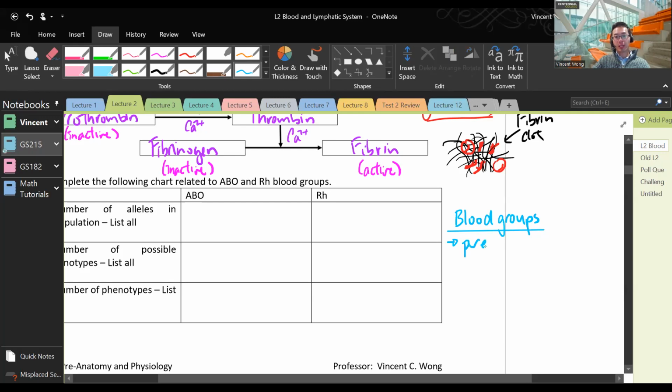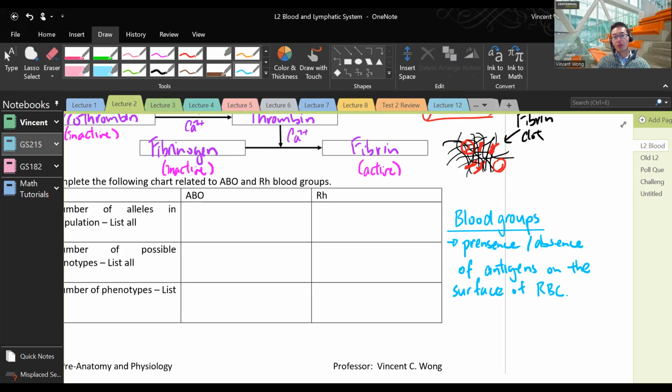So these are the presence or absence of antigens on the surface of red blood cells.